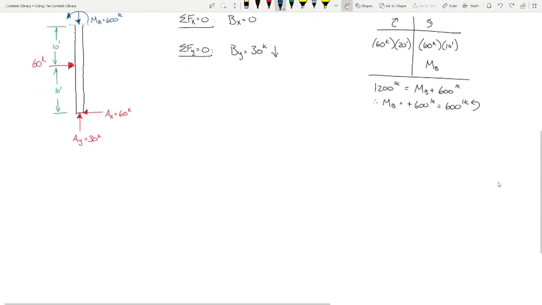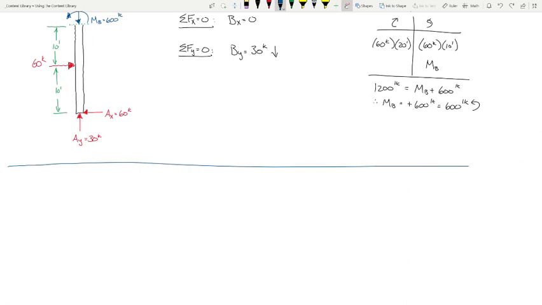Now we're going to do the free body diagram of beam BC. Okay? Let's do the free body diagram of beam BC.